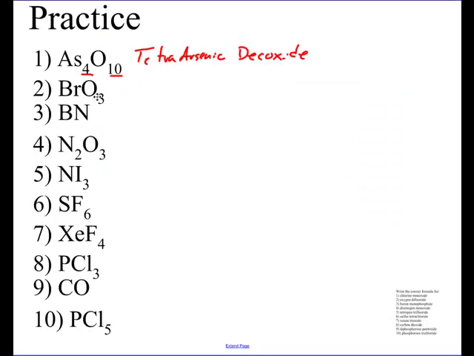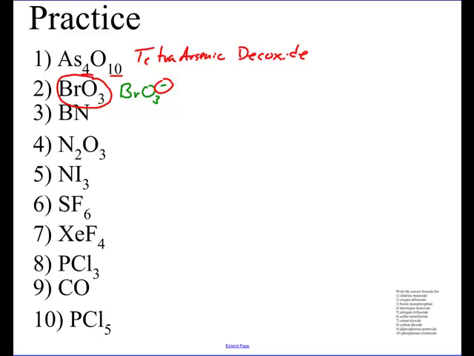All right, the next one, BrO3. Now, wait a minute here. This looks a lot like that. Do you recognize that? That's bromite. But this is the key. Notice there's a charge. So this is a polyatomic ion. This is just a molecule.